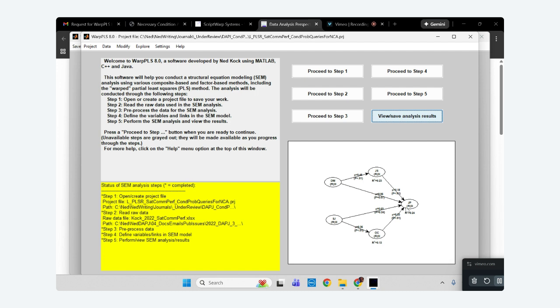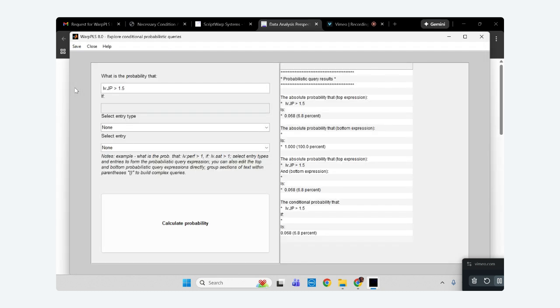So I want to see what is the necessary condition with respect to OC for the probability of JP being greater than 1.5 being 100%. So what I'm going to do is copy this and paste it here.